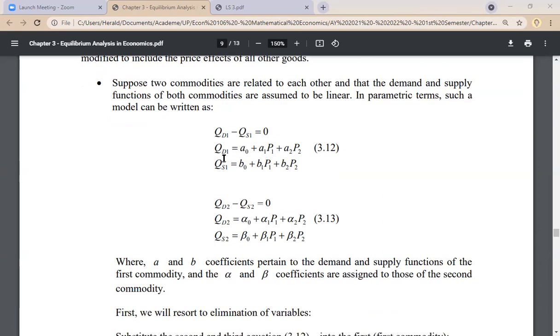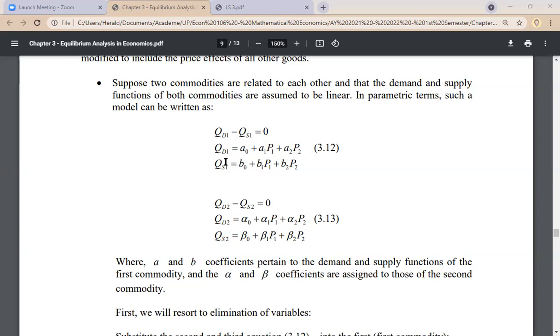It is best to note, class, to look at the subscripts here. So this tells us, for example, that the demand function of the first commodity would be dependent on the price of one good and also the price of the second good.